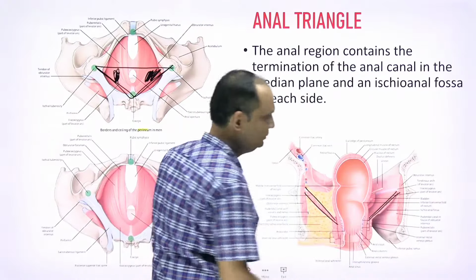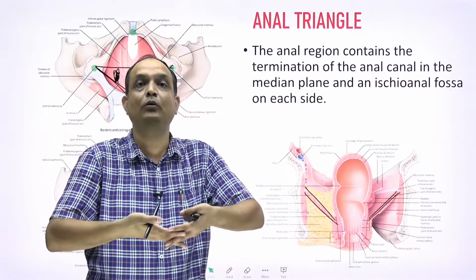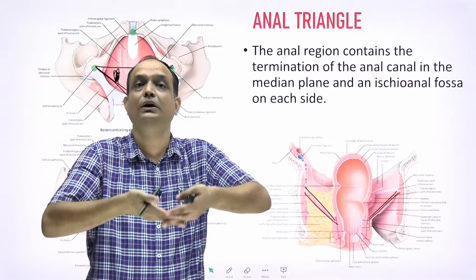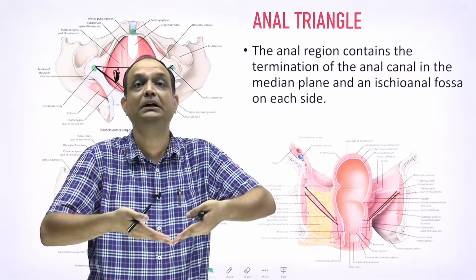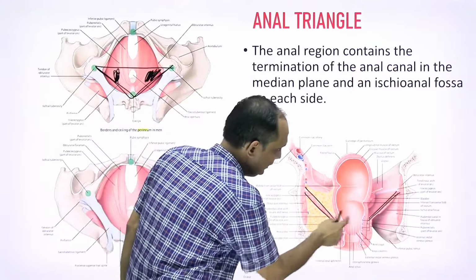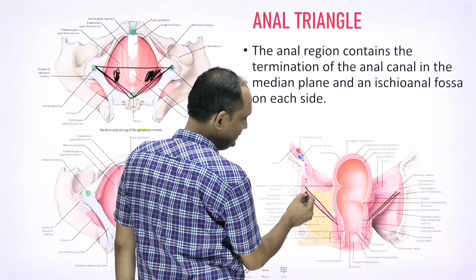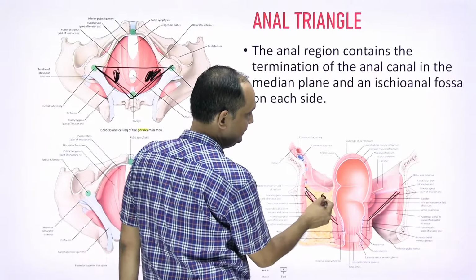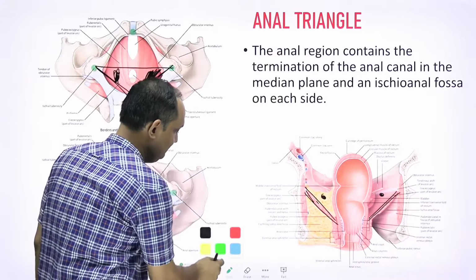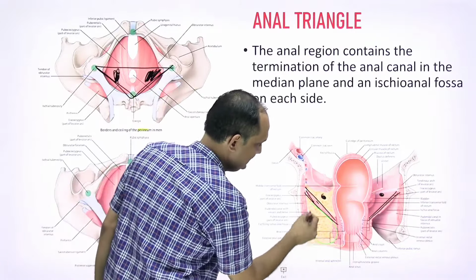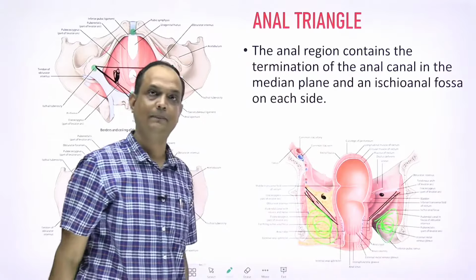I just told you that the pelvic floor has a cup or bowl shape orientation, so the muscles go downward and medially. That means the area above this pelvic floor is known as the pelvic cavity, but the area below this is known as your perineum.